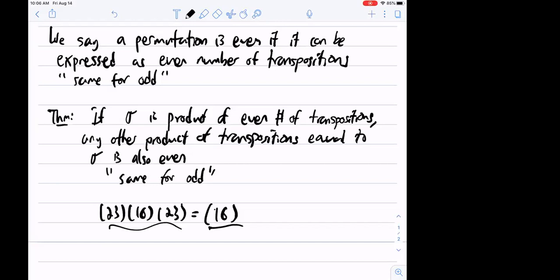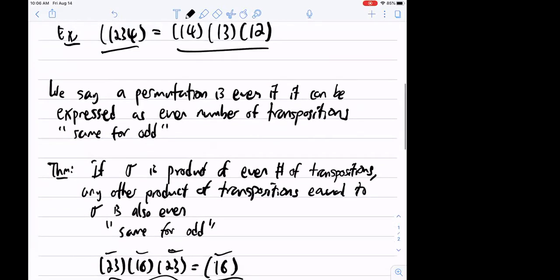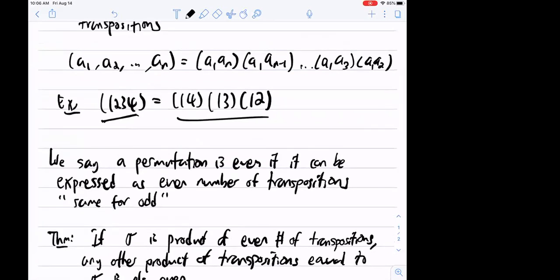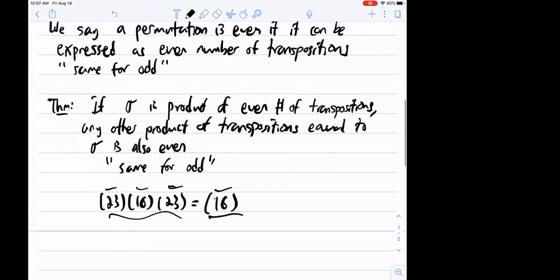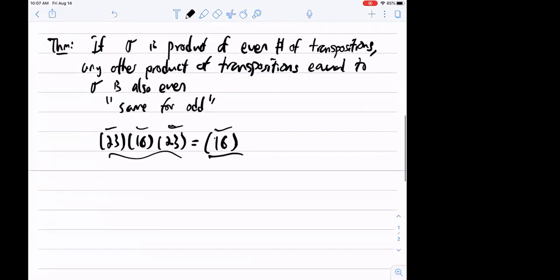So basically the theorem is saying you can express (1 6) in different ways as a product of transpositions, like here there are 3 terms and here there's 1 term, but odd remains odd and even remains even. So in our case above, (1 2 3 4) is odd because we expressed it as an odd number of transpositions. Everyone clear so far?